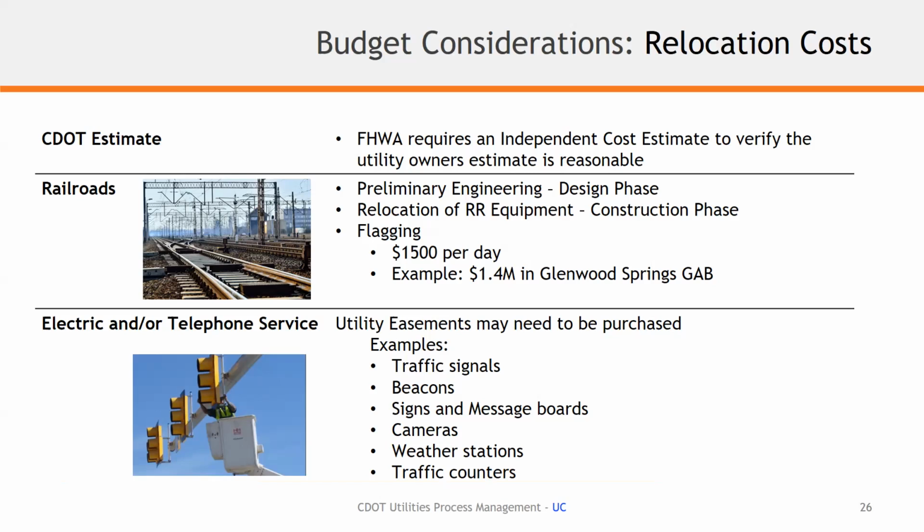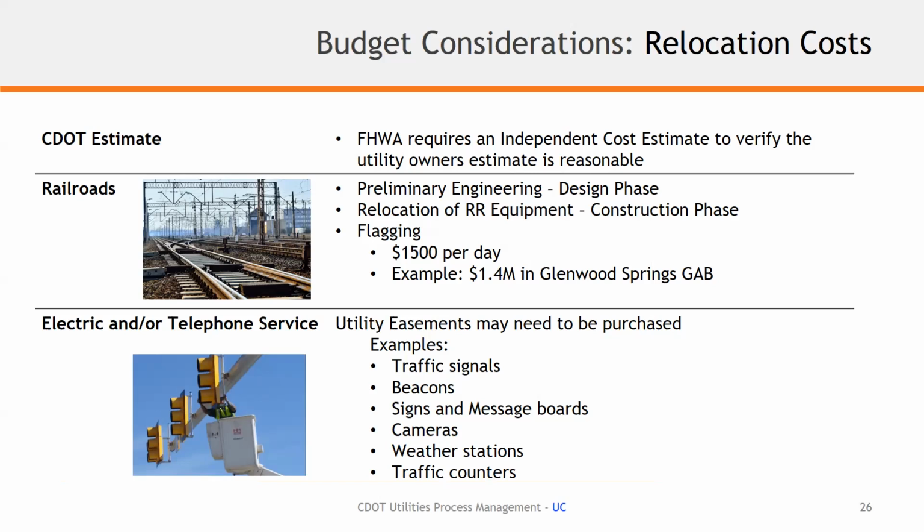And then again, relocation of railroad equipment or other types of railroad work during construction phase activities will need to be included. But we have an example here of flagging. I don't think we emphasize the cost associated with it, but this is why we keep adding flagging into budget considerations.